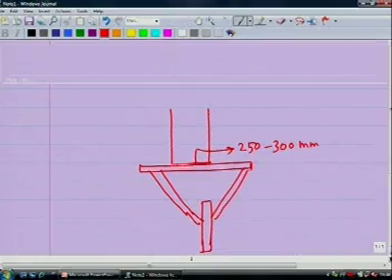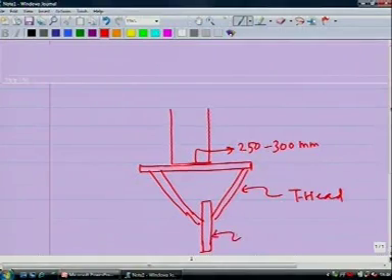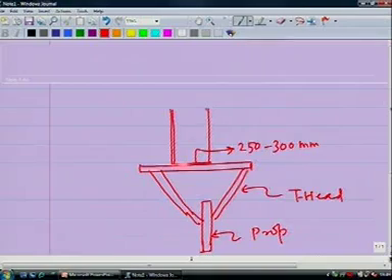So, these are known as T heads. Even a single prop with a T head, and this is your prop. T head on top of prop is sufficient to take care of this much width of the beam.